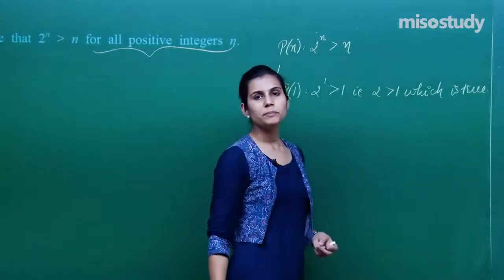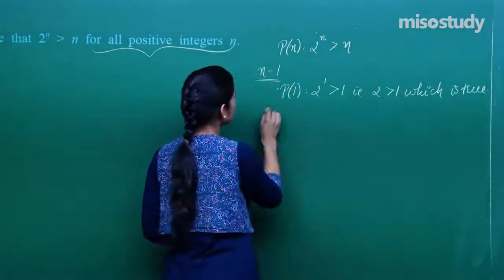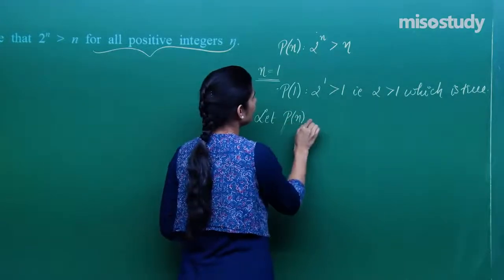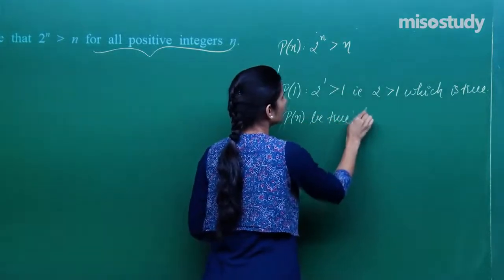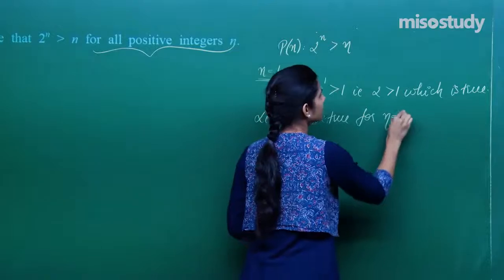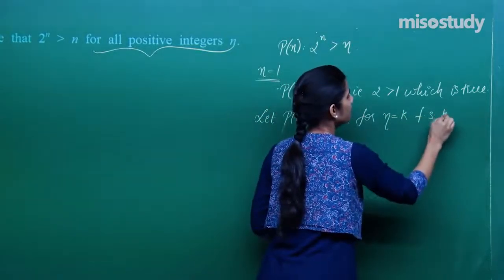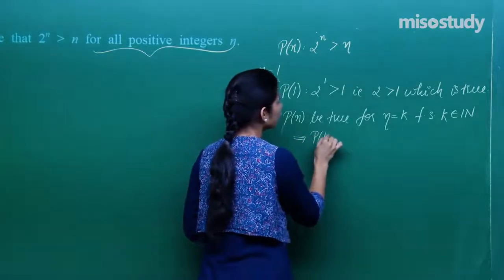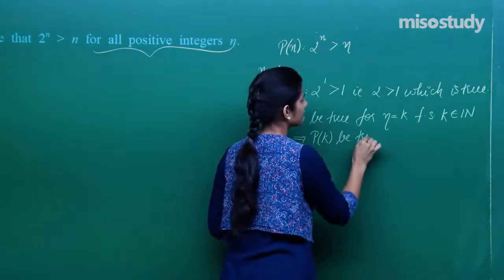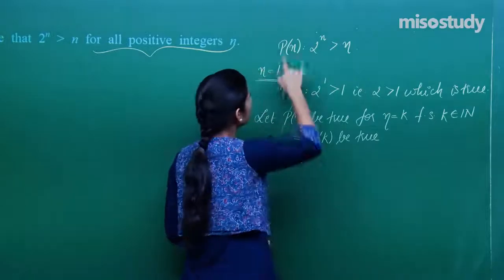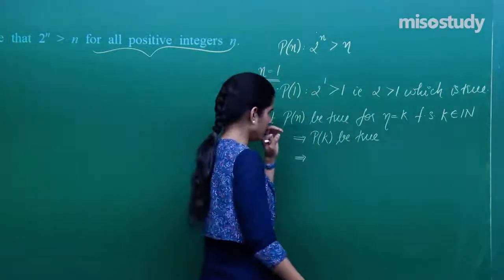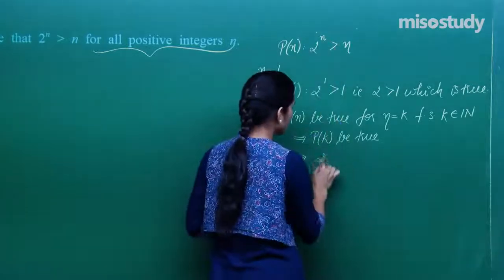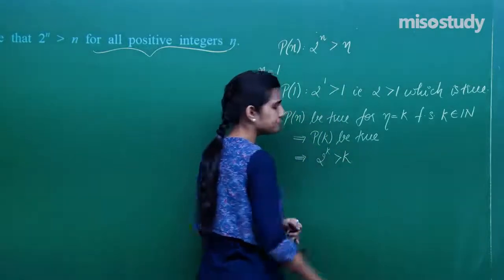Obviously 2 is greater than 1. If Pn is true for n equals 1, next step is let Pn be true for n equals k for some positive integer k, which implies let Pk be true. Pk is true means 2 to the power k is greater than k.